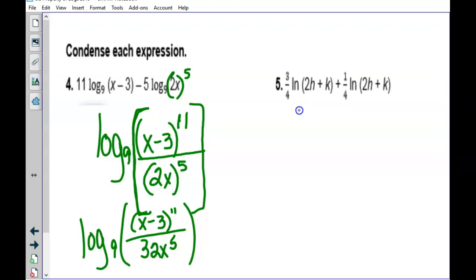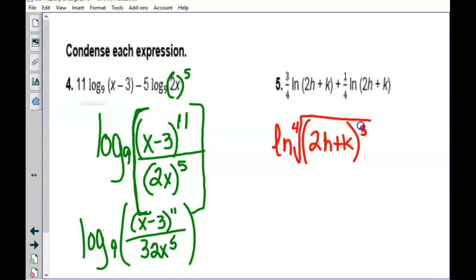Number 5. ln to the 4th thingy where you get the square root. Okay, that makes sense. So you want to write it up as a 4th root, with then a third out. Yep.